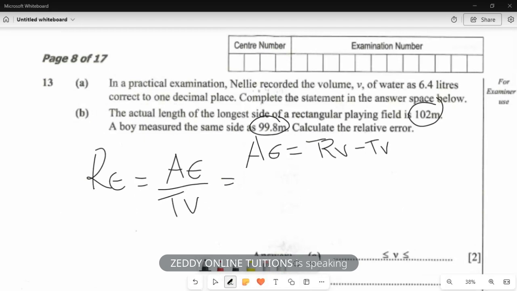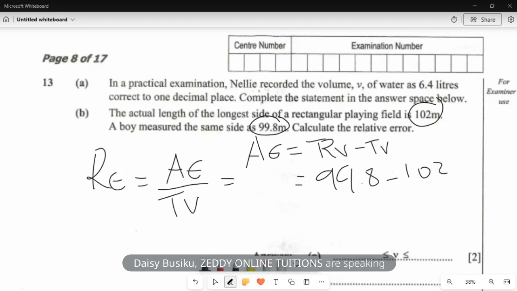The recorded value minus the true value. So the absolute error may either be positive or negative. So we'll say 99.8 minus 102. So what is that?